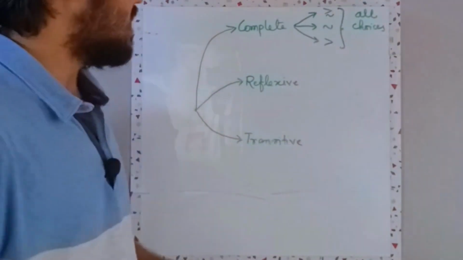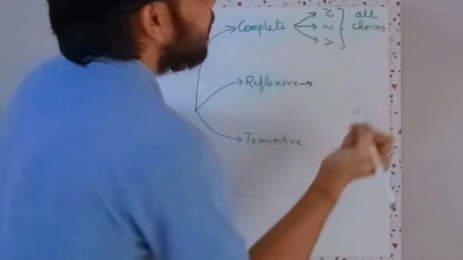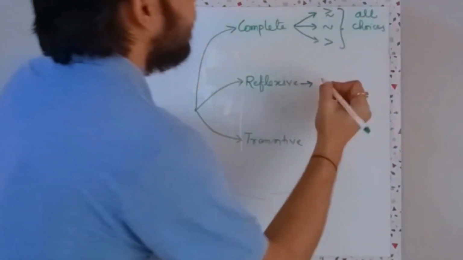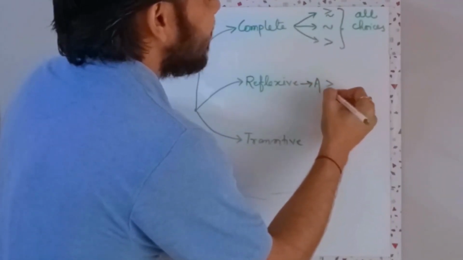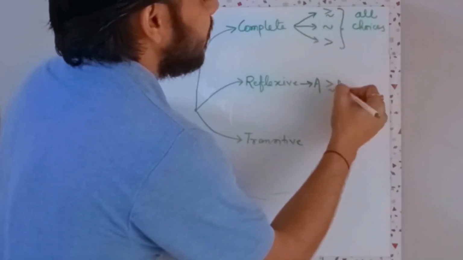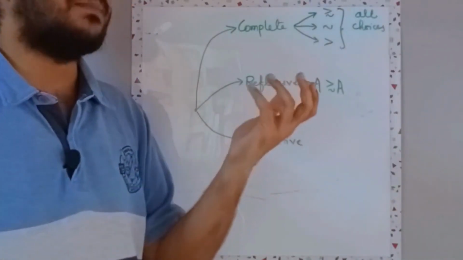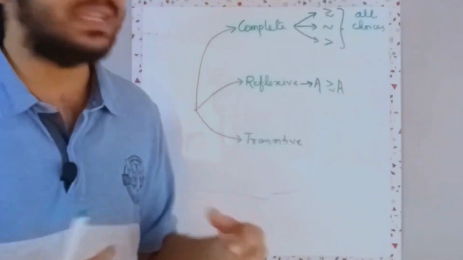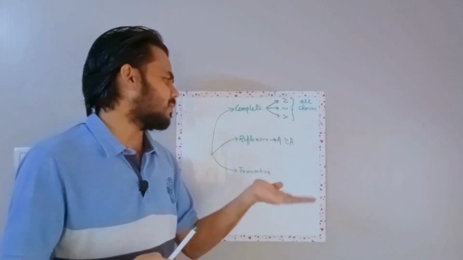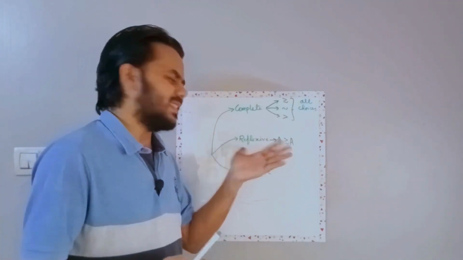Reflexive means that you can at least say that the consumption bundle which you are considering is at least as good as itself. This is more of a philosophical and mathematical exercise, but for our purpose, even if you do not really find it meaningful, it's okay.